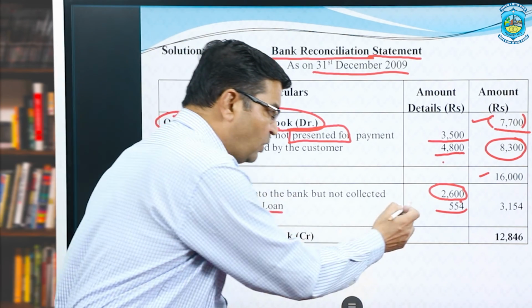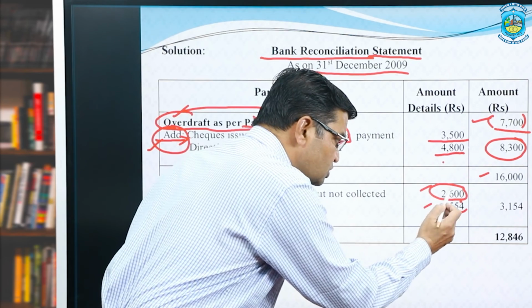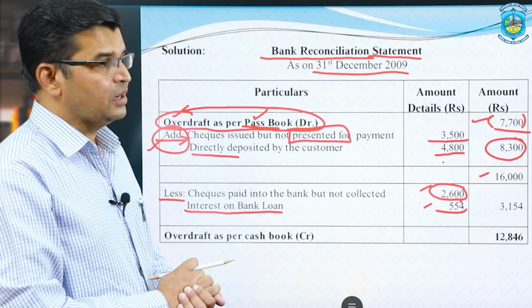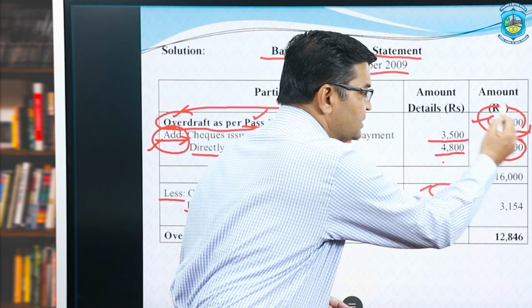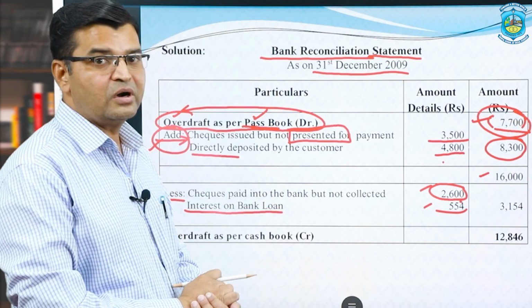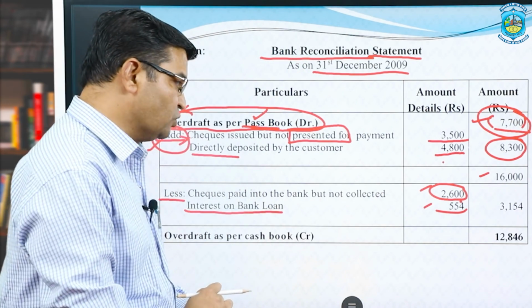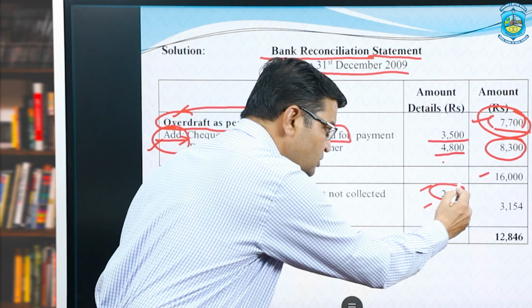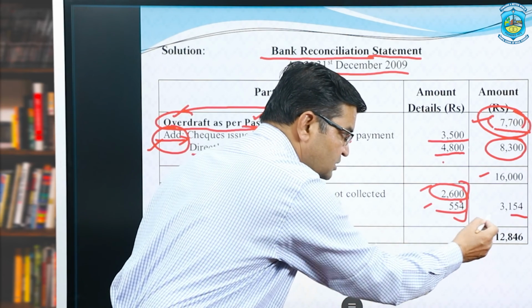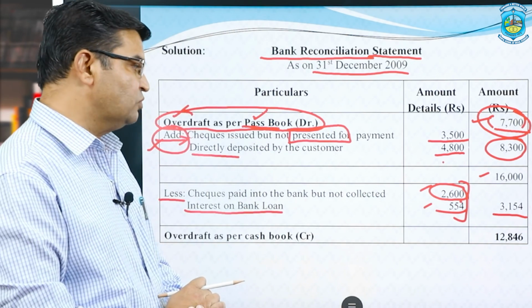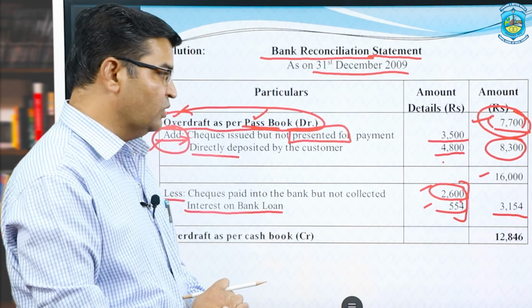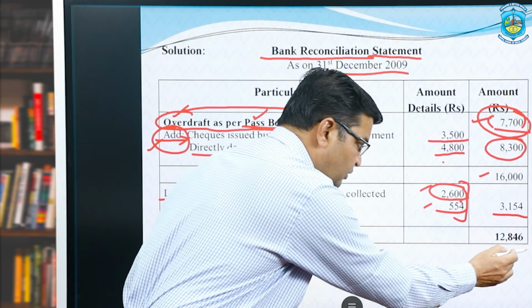So both these amounts should have been added here, but all of you know which balance is given here, that is negative balance or overdraft balance. Therefore we are going to deduct both these amounts and the total makes 3,154. So this 3,154 rupees will be deducted.